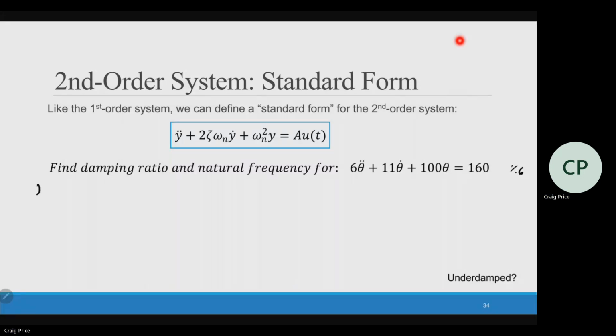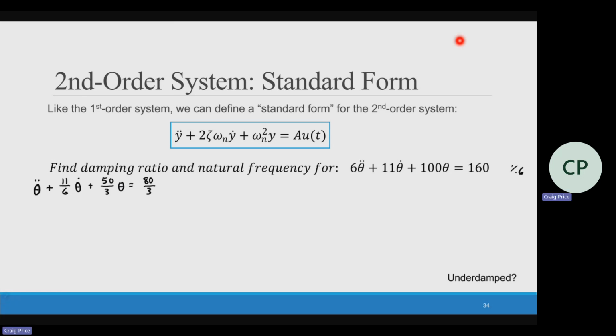So we'll have theta double dot plus 11 over 6 theta dot plus, we could say, 50 over 3 theta equals 80 over 3 on the right hand side.